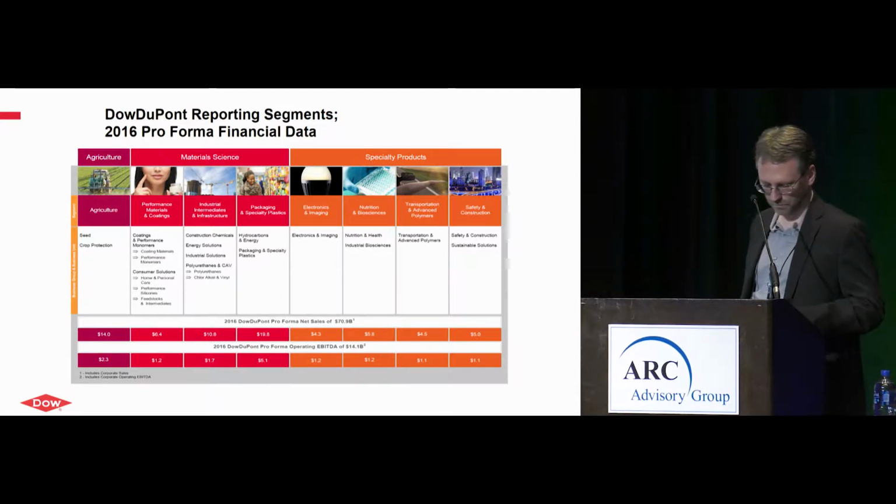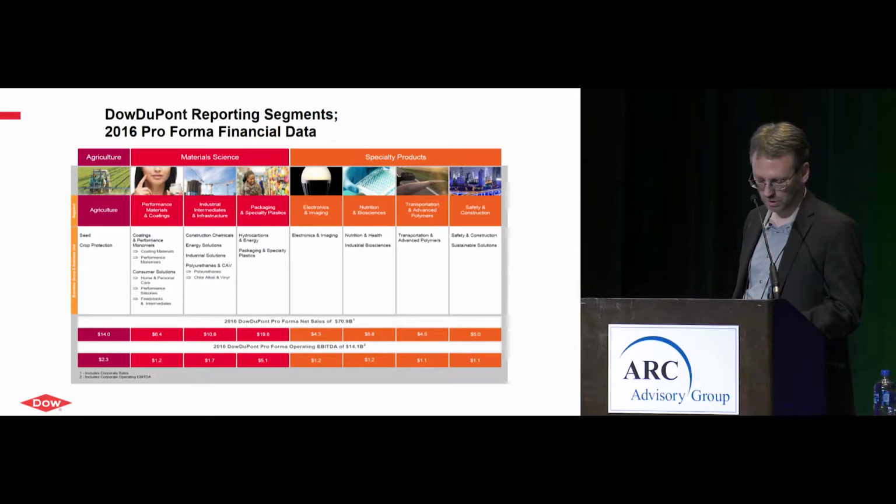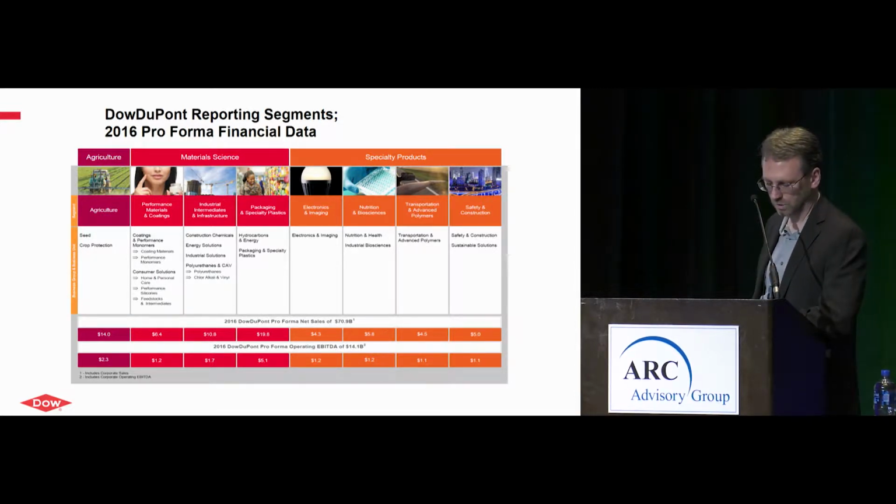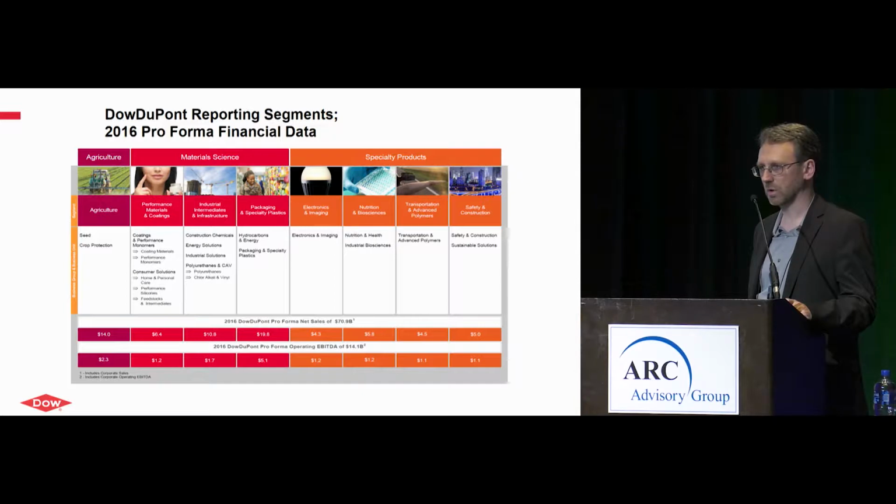And actually, since I had submitted these slides, Dow DuPont had announced year-end earnings of just a little bit shy of $80 billion. And they announced the separation of the material science company is going to be in the first quarter of 2019. And the separation of ag and specialty products is expected to happen by June 1st of 2019.